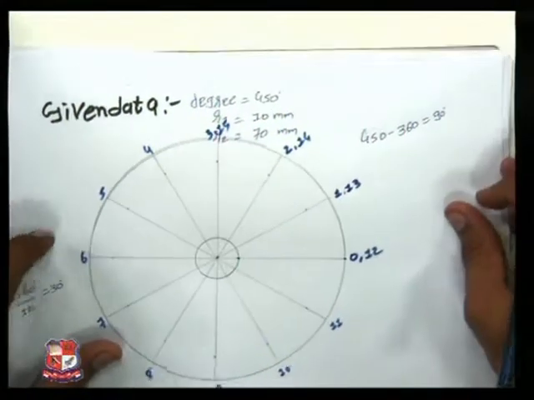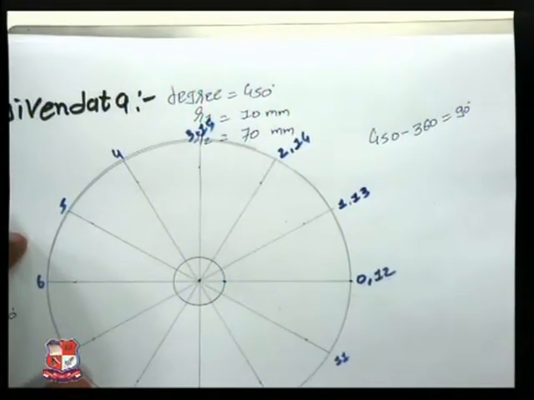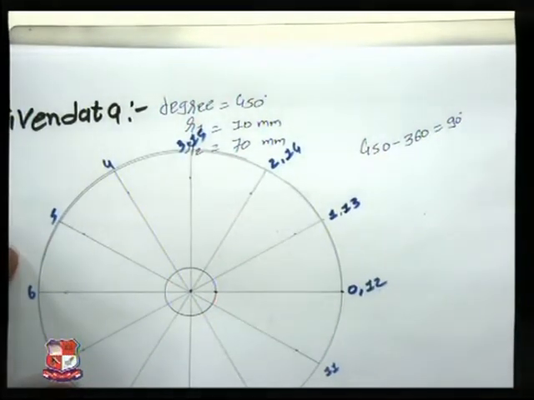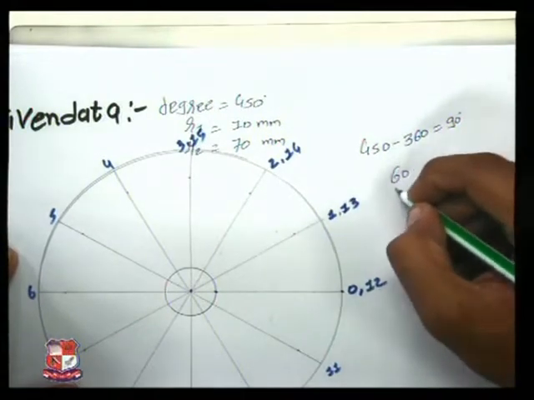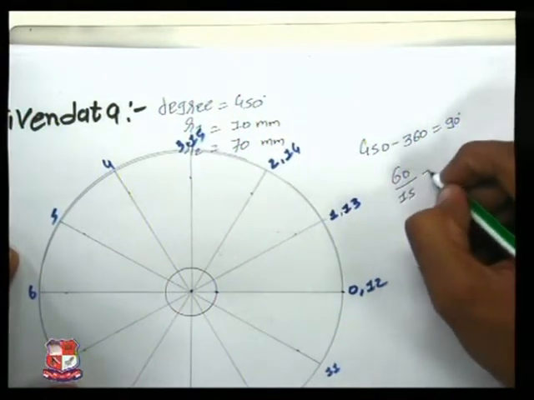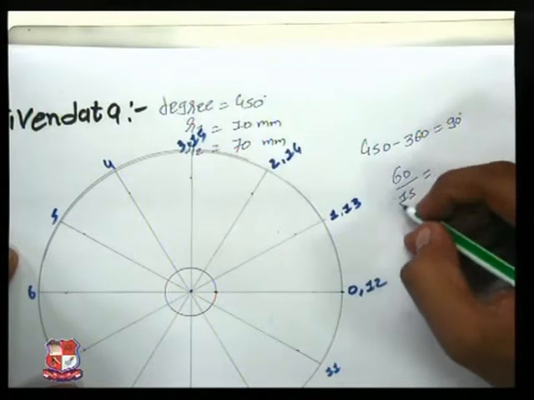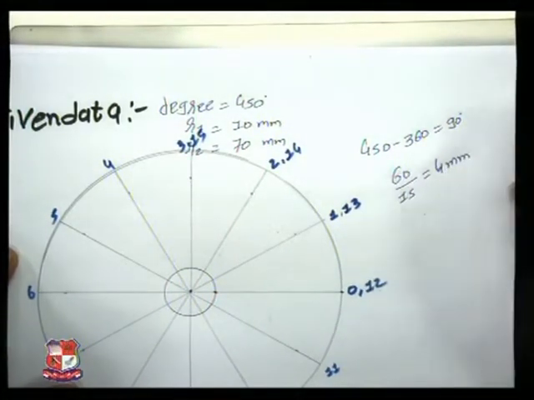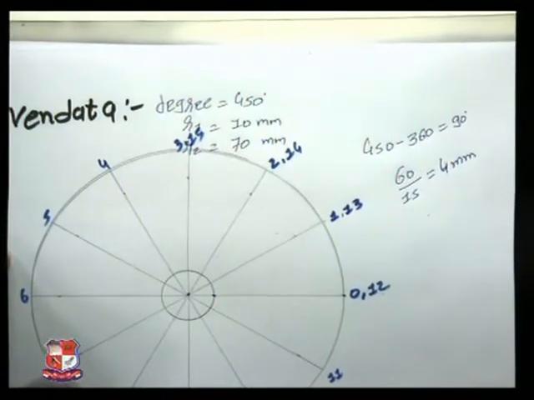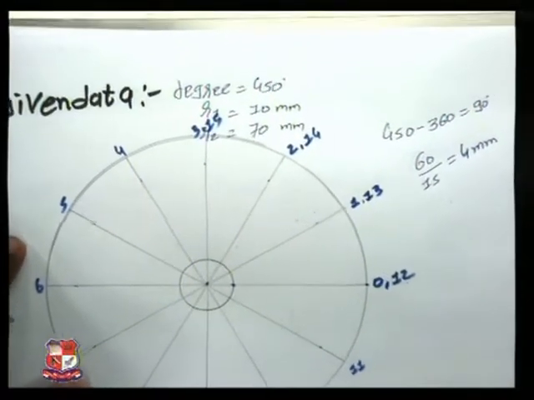Now I need to divide 60 mm into 15 parts. So how many would be the division? 60 divided by 15, which comes around 4 mm. 4 mm would be each division.